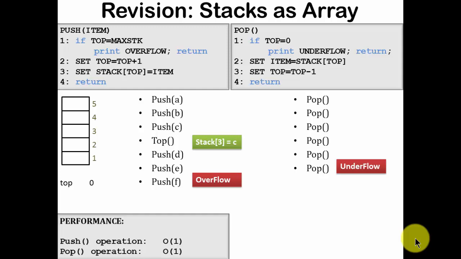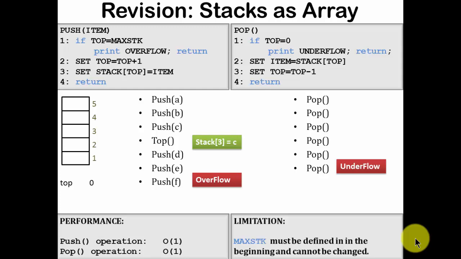And we said that the operations of adding, that is pushing, and popping the elements from the stack are constant time. The limitation is that you have to tell the maximum stack size at the beginning itself, which, in the case of static arrays, is not modifiable. The problem over here is what stack size should you opt for.